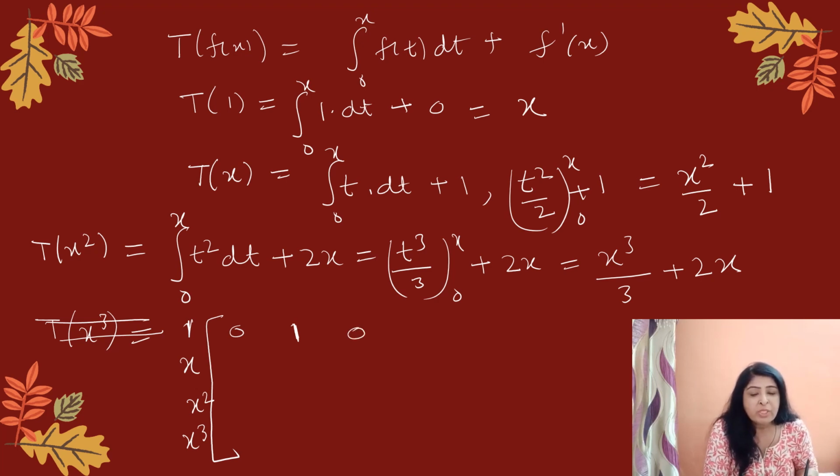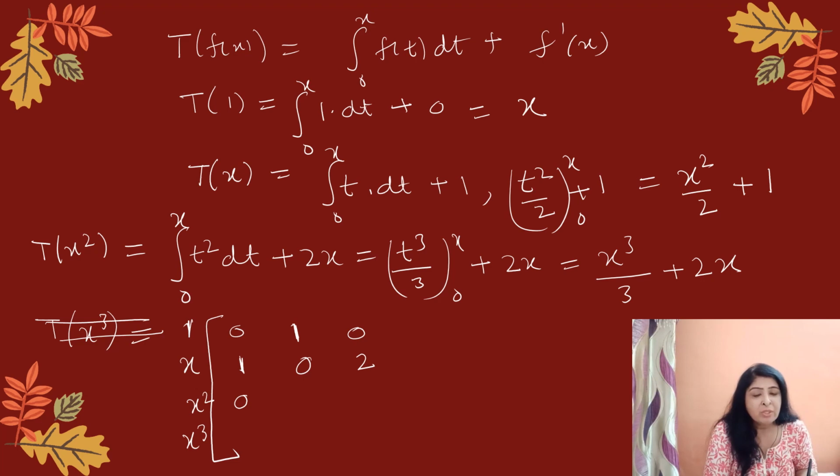Then the coefficient of x: for the first term, 1 into x is there, so 1, but in T of x no x is there, so 0, and in T of x square, the coefficient of x is 2. Then for x square, in T of 1 there is no x square, so the coefficient of x square is 0.